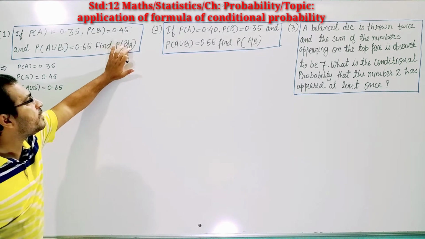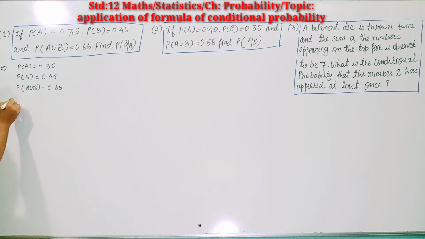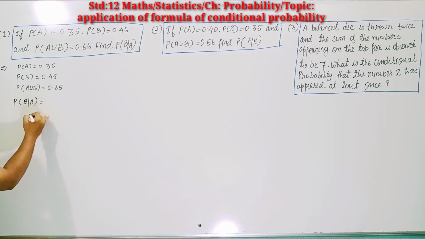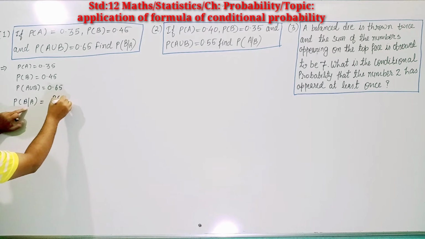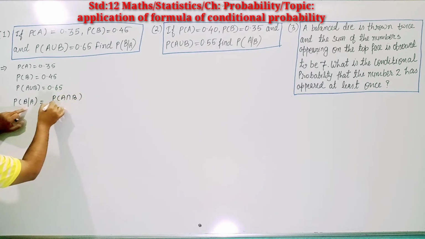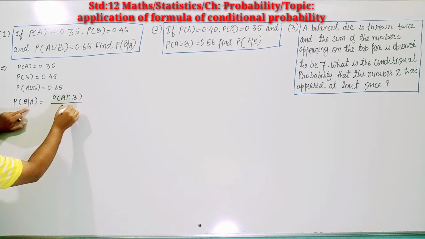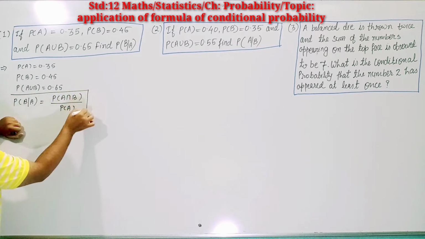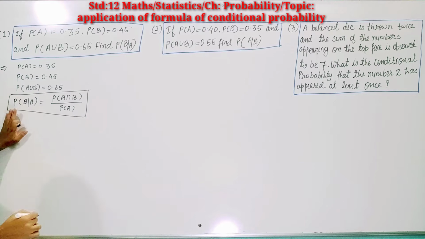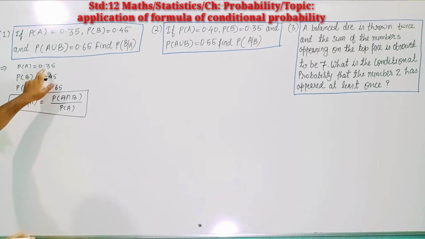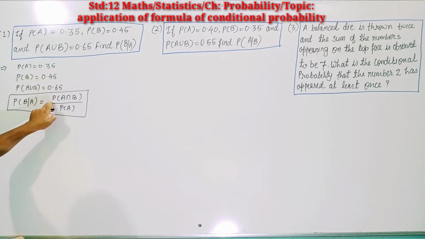Probability of B with respect to A. As per conditional probability, P of B by A is equal to probability of A intersection B divided by probability of A. Probability of A is given, but we don't have the probability of A intersection B.